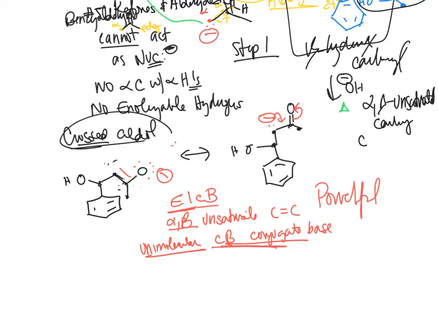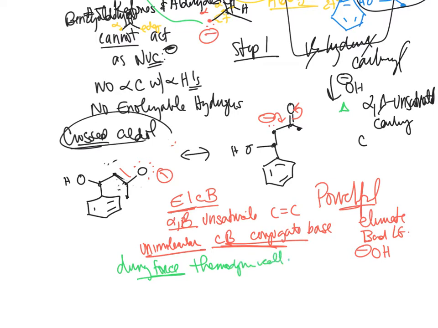The conjugate base is strong enough that it can eliminate a bad leaving group. And what's your bad leaving group? OH. It can kick out the OH minus, a bad leaving group. It's that powerful. So what happens is the driving force is thermodynamically to reform the carbonyl. Okay, that's such a downhill thermodynamic driving force. So the electrons will move here, this will kick here, and this will leave.